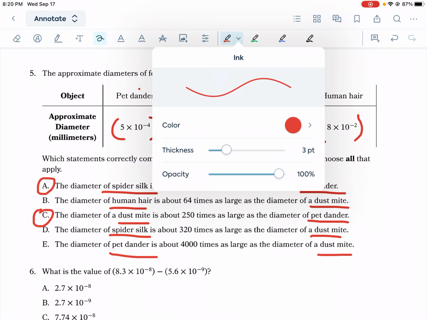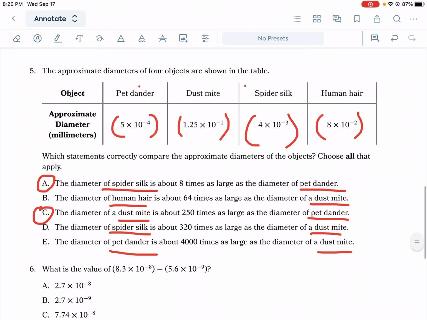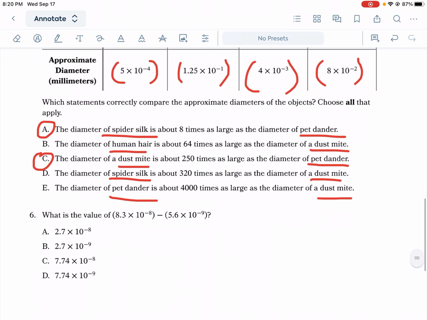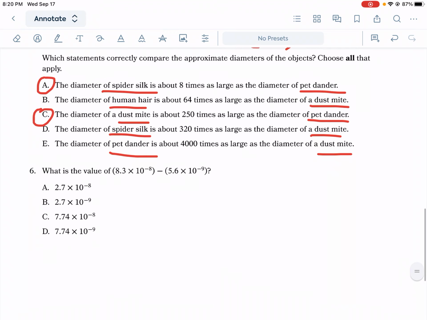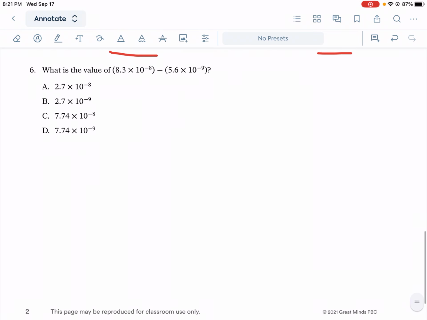Obviously, if you put the comparisons into the calculator and you don't get one of these answers, then all that means is it's just not the right answer choice. Don't worry about it. I did do the same thing for C. I did get 250. But that is how you solve that. I prefer that you divide because it's almost impossible to mess that up unless you put it in the calculator wrong.